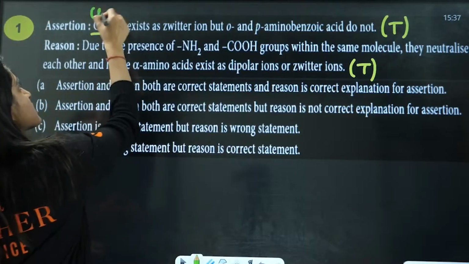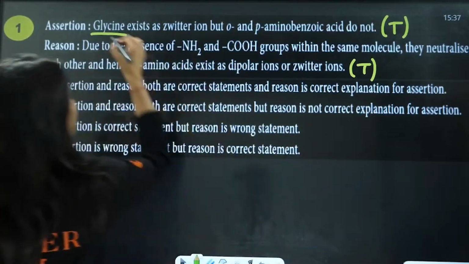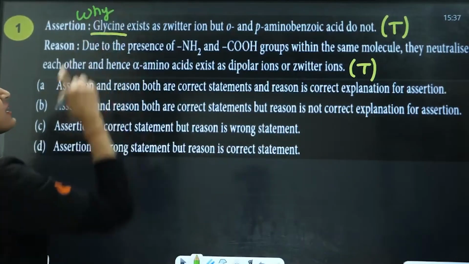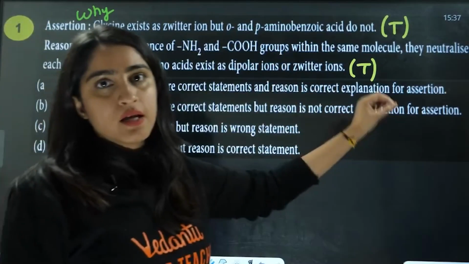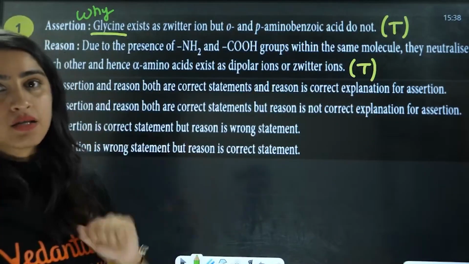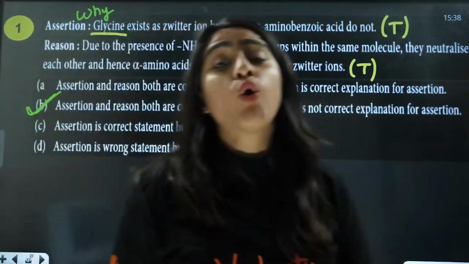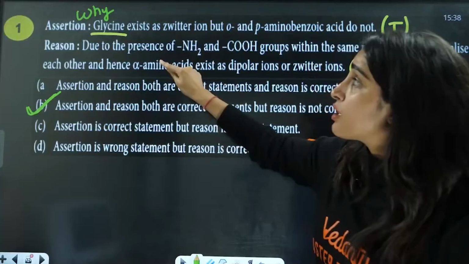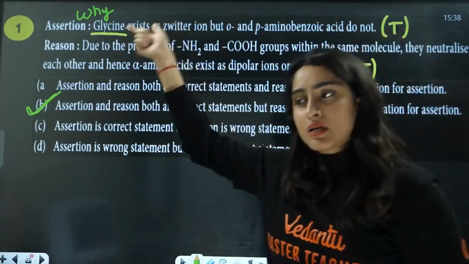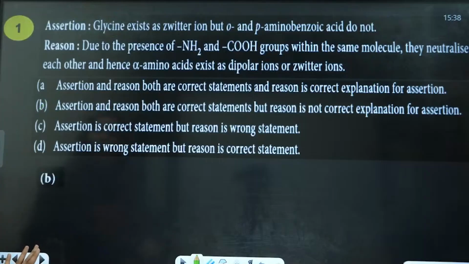But if we ask why glycine exists as a zwitterion, this is not giving us the answer. You will say assertion and reason both are correct, but the reason is not supporting the assertion here.